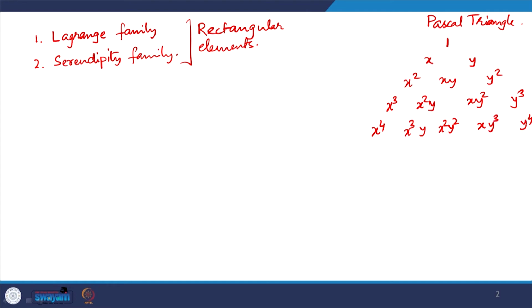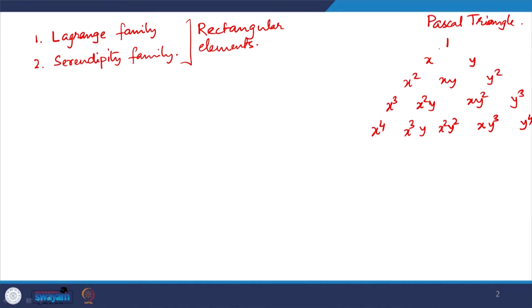So, in the Pascal triangle, for 4 nodes we need these terms. For the triangle we only need one, x and y. So, linear term complete. So, complete polynomial.